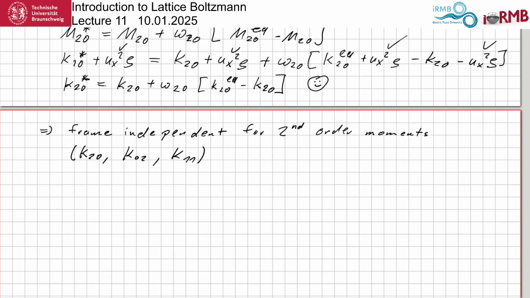Now we have the problem that there are so-called ghost moments, and you remember that the ghost moments, from an asymptotic point of view, such that you converge to the Navier-Stokes equation, do not necessarily need to be correct, or at least they only need to be correct to first order. But what happens there? So let's see third moments.